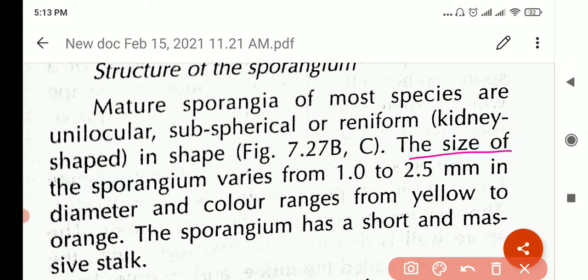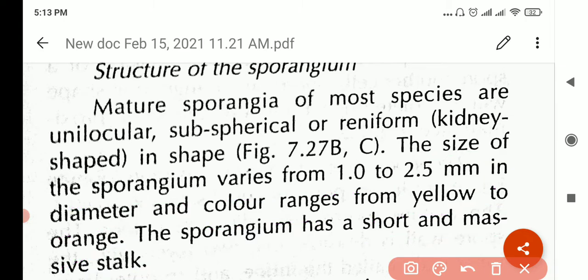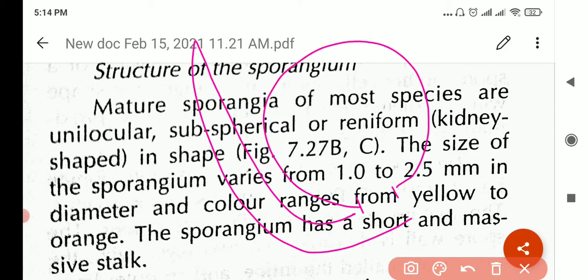The size of the sporangium varies from 1 to 2.5 millimeters in diameter, and the color ranges from yellow to orange. It has a short and massive stalk. If this is that fertile sporophyll, the leaf, a very short and big stalk is there, because it has to be thick to support such a bulbous structure.